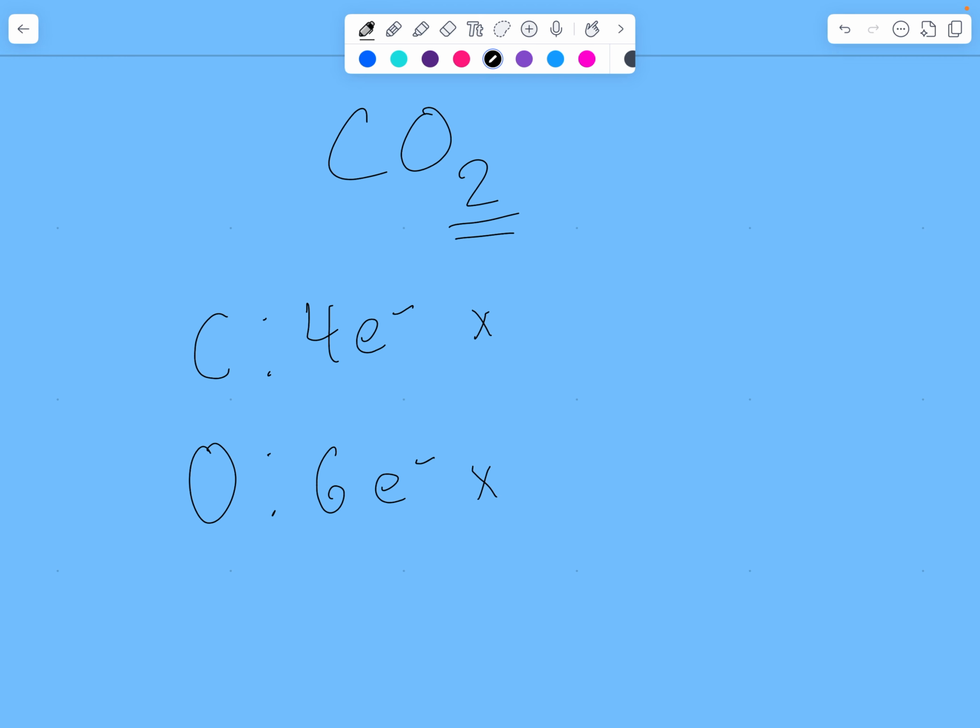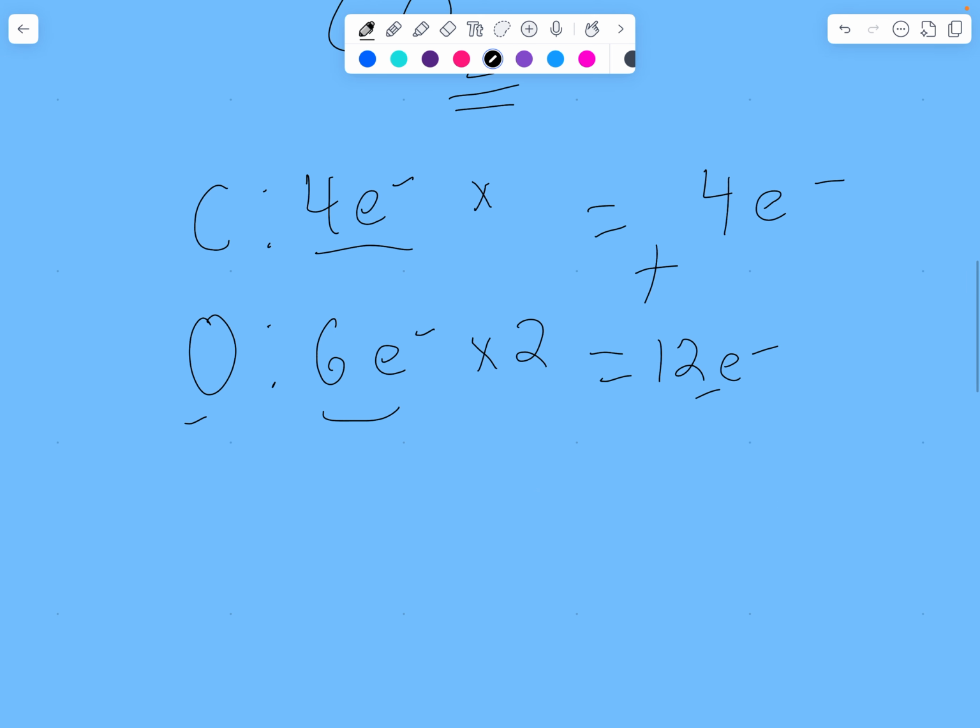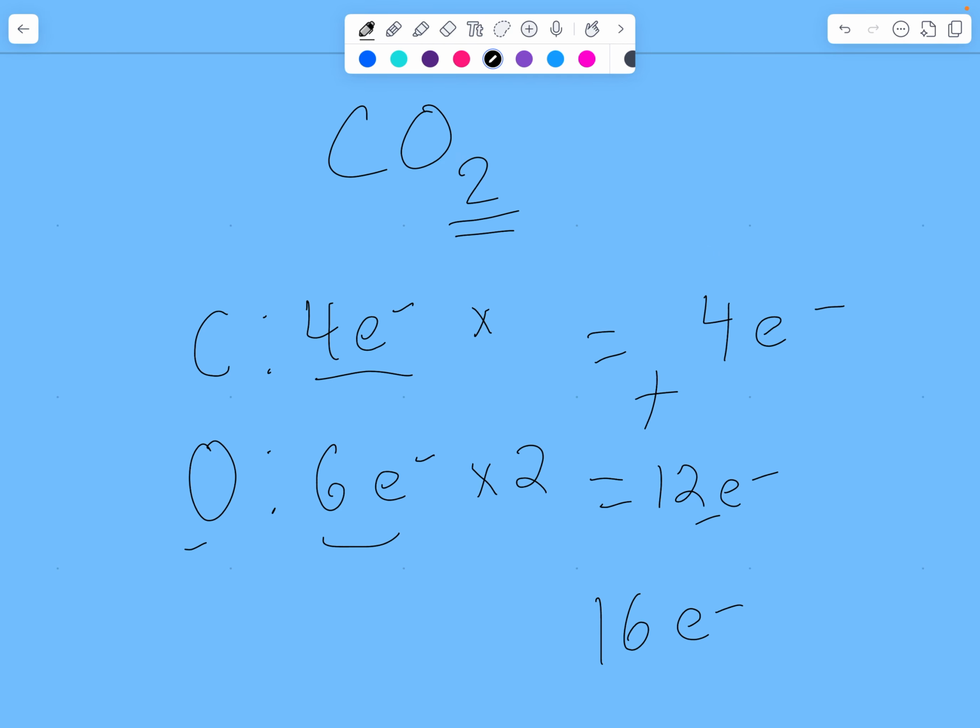Every oxygen has 6 electrons. Let's multiply that by 2, right? I got 12 electrons, but then I also have 4 electrons. So CO₂ has how many electrons? 4 plus 12, right? What's 4 plus 12? 16 electrons, right?